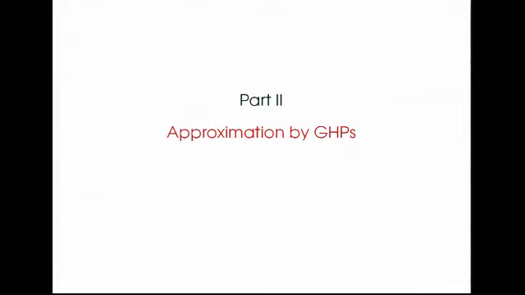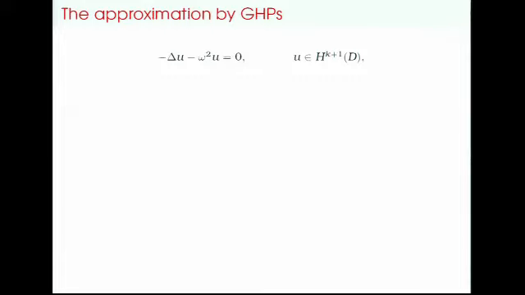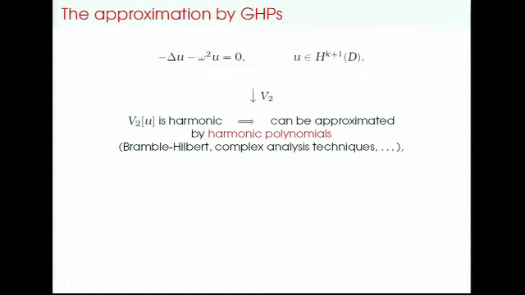Now, with this operator, we can prove some approximation estimates. We start with our solution of the Helmholtz equation inside our domain with some bounded Sobolev regularity. We apply the operator V2, and we obtain a harmonic function. A harmonic function can be approximated by harmonic polynomials, or at least we can hope that is possible.